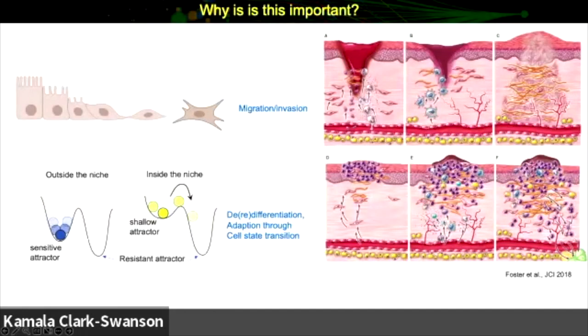And why does it matter? Because it relates to the most dangerous properties of cancer: one, the ability to migrate and move, and then the ability to change the phenotypic state through state transition, essentially the ability to adapt through phenotypic plasticity.